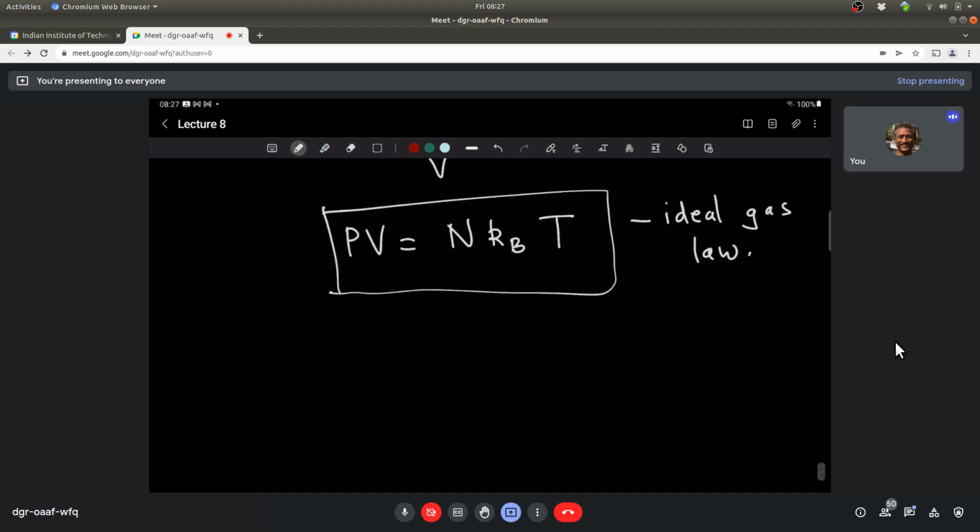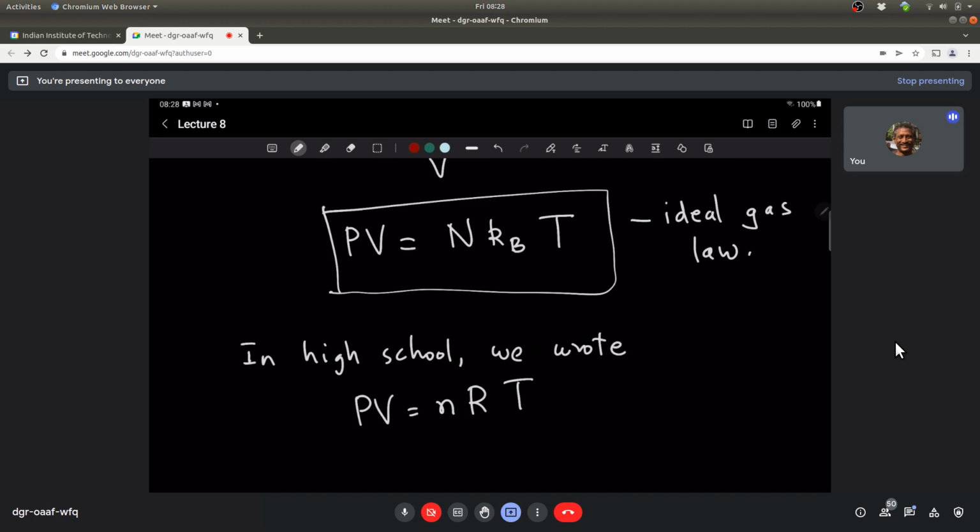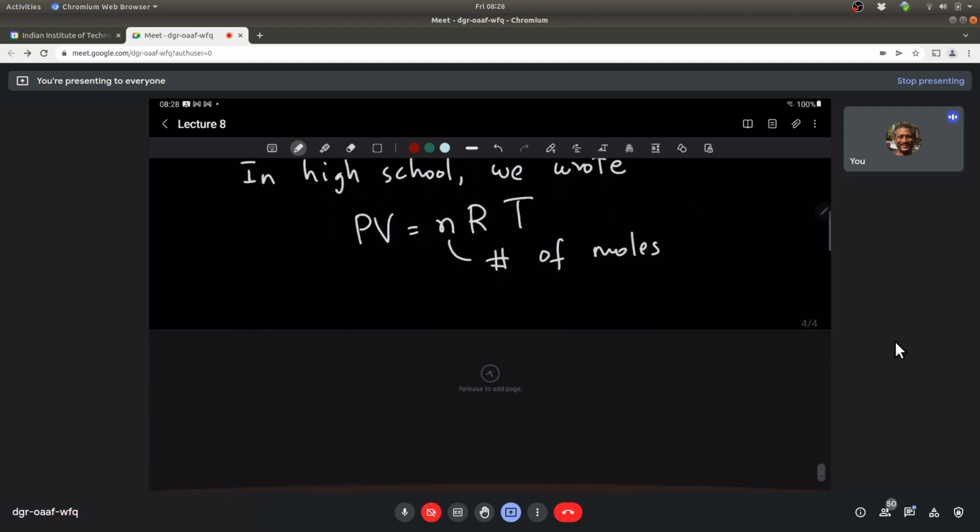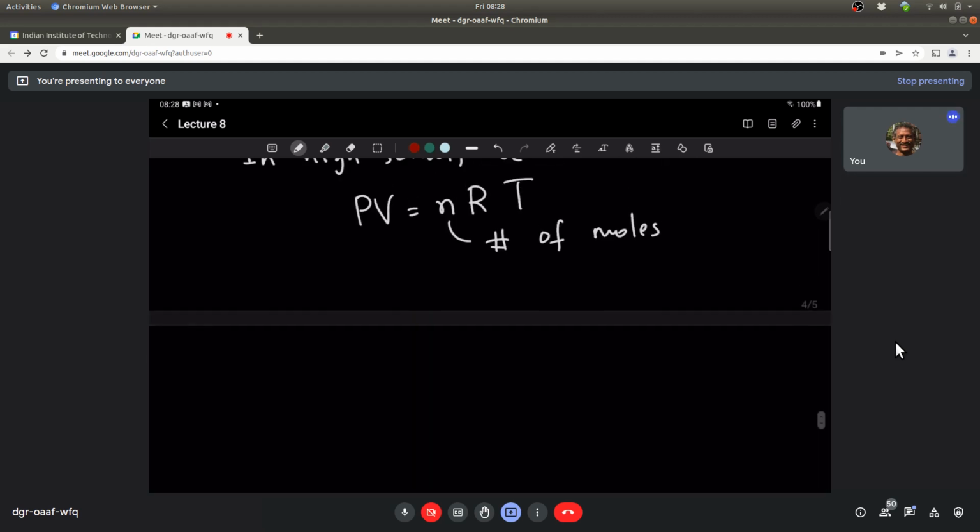nRT, right? So in high school, we wrote PV equals nRT, and what was n here? Number of moles. And how many particles does 1 mole of a gas have? Avogadro number.